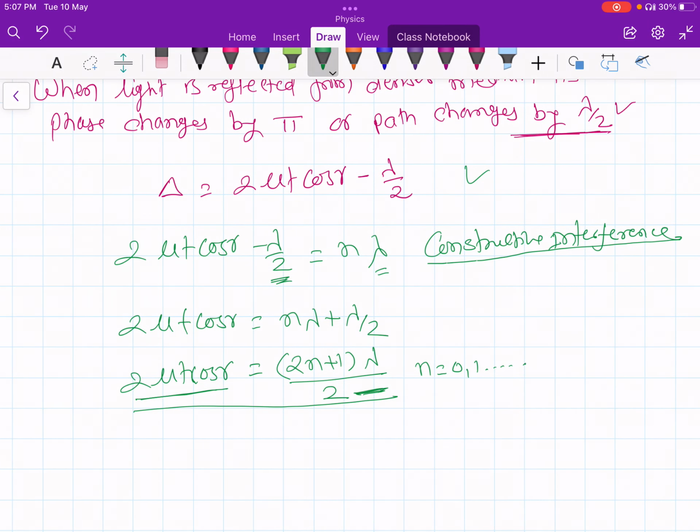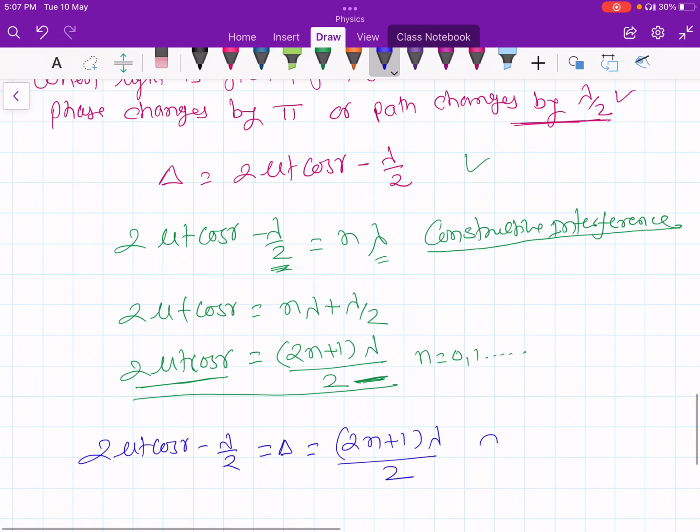Then when this 2 mu t cos r minus lambda by 2 is the path difference, and this path difference is equal to 2n plus 1 lambda by 2, we get destructive interference.